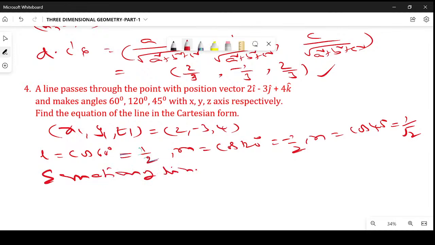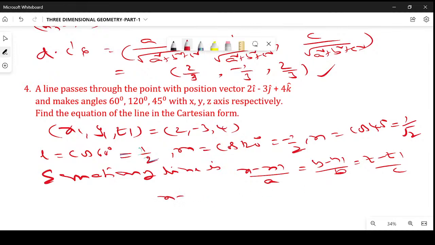The equation of the line, we know the formula: x minus x1 by l, and so on. Here I am writing the direction cosines directly, since direction ratios are proportional to direction cosines.